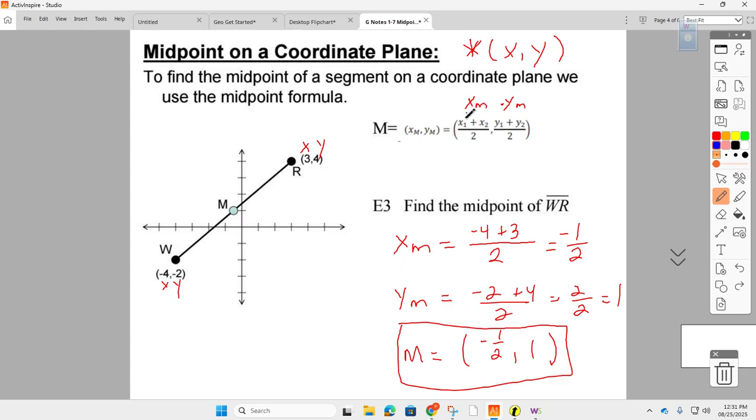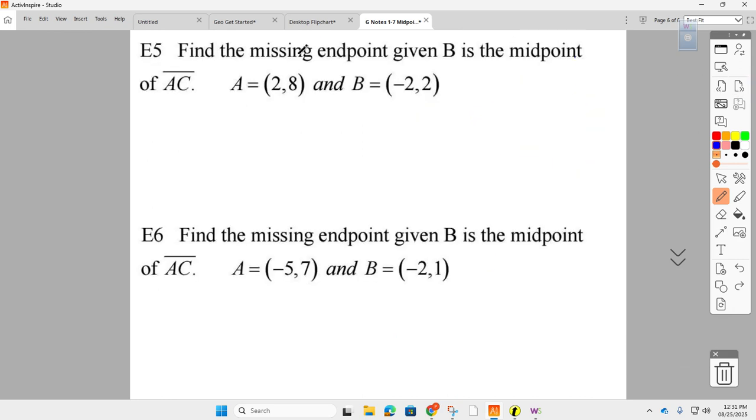We really have three variables we're looking at here. We can solve using the formula for each of the variables. So if we know the x and y coordinates, we can find the midpoint. But if we know one of the endpoints and the midpoint, we can also find the other endpoint. And that's what we're going to do with the formula now. We're going to find the missing endpoint given that B is the midpoint.